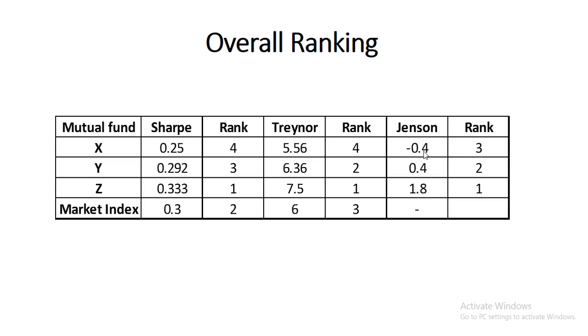And Jenson, again as per Jenson, number 1 first rank is mutual fund Z, second is mutual fund Y, and the third option is mutual fund X. So as per the performance evaluation, as per the Sharpe, Treynor and Jenson's performance evaluation ranking, if we have 1 lakh rupees and if we have this past performance of these mutual funds, we should choose mutual fund Z to put our hard earned 1 lakh rupees of money.